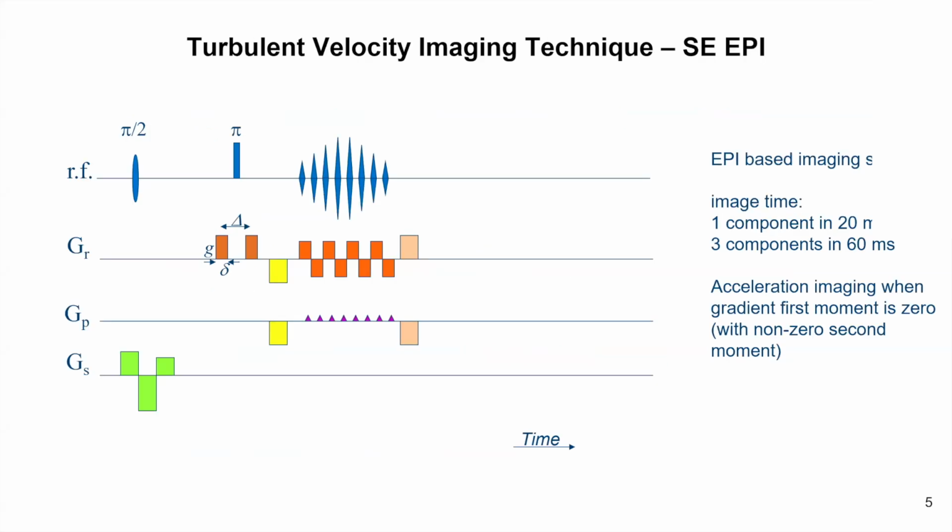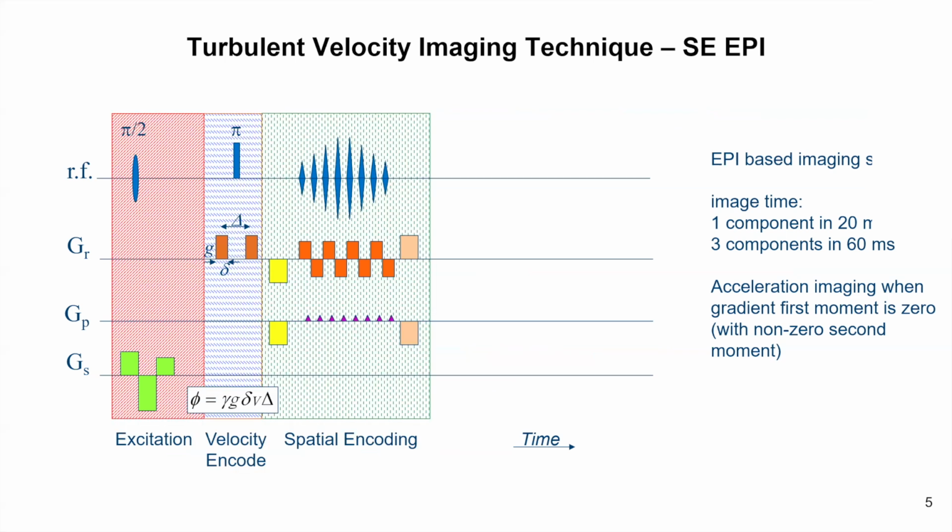This was done a few years ago now, but this was a spin echo EPI-based fast imaging sequence to measure turbulent flow. It's a fairly straightforward sequence. We've got an excitation part, and then a velocity encode with spin echo, followed by a spatial encode. That will give you one component of a velocity image.